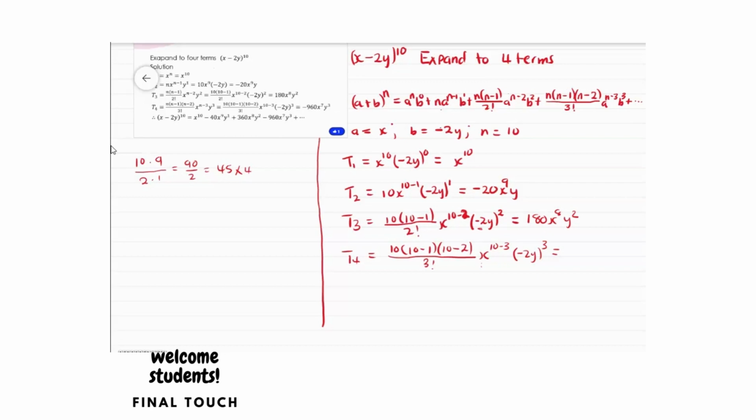And note here, if we raise a negative to the power 3, the negative is going to remain, which means our answer is going to be negative 960 x to the power 7 y to the power 3.